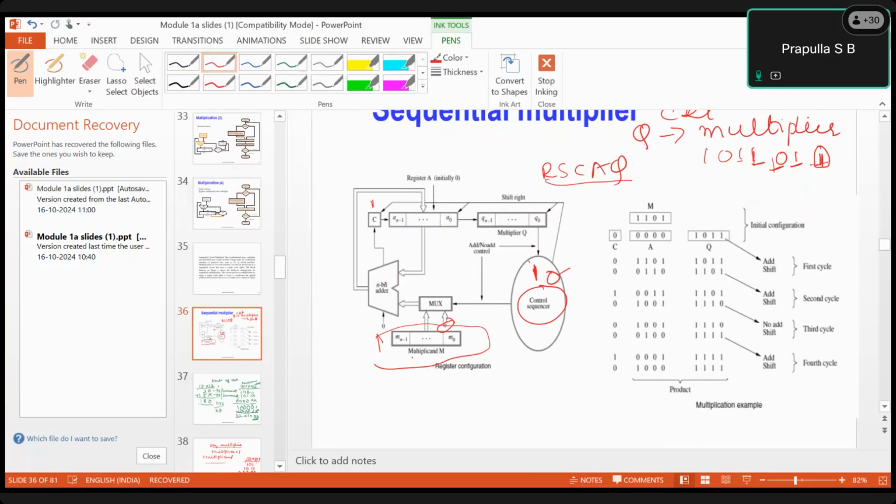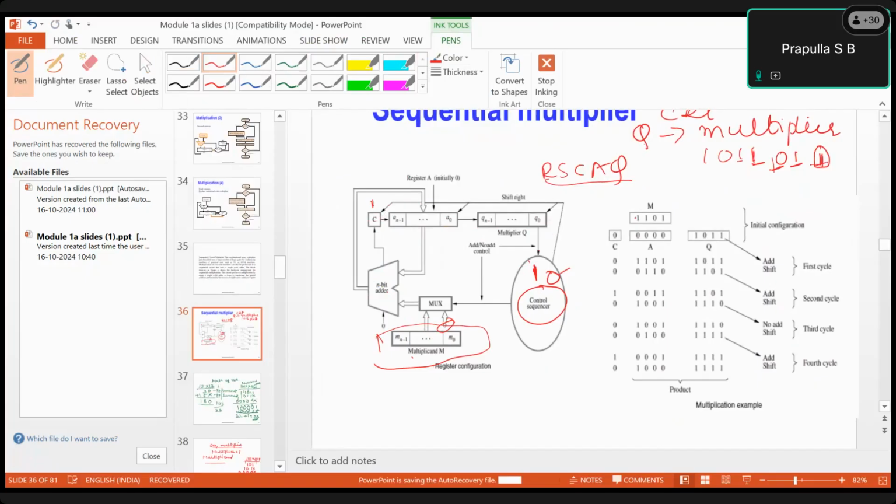Then that result it will store back. You can see here you have a two-way arrow. It will take from here, perform the addition, and store back. If a carry is there, it will be stored in this carry bit. If carry is 1, it will store 1. If it is 0, it will store 0.